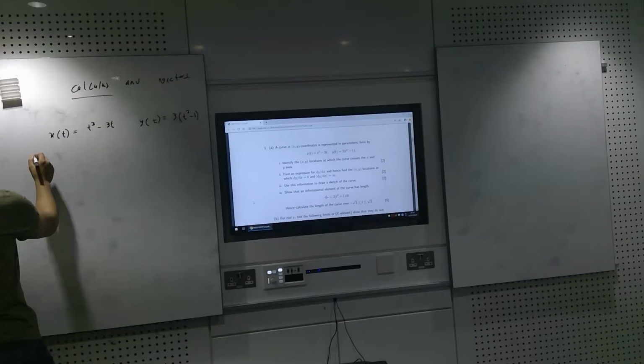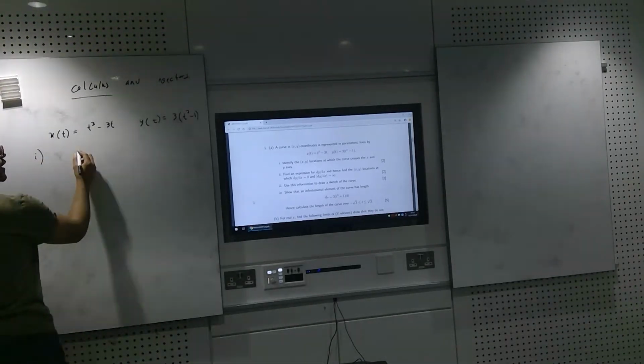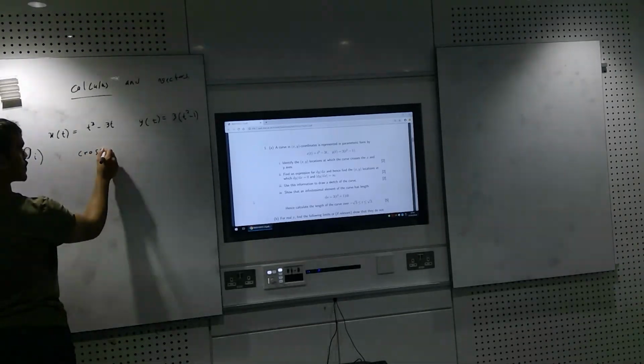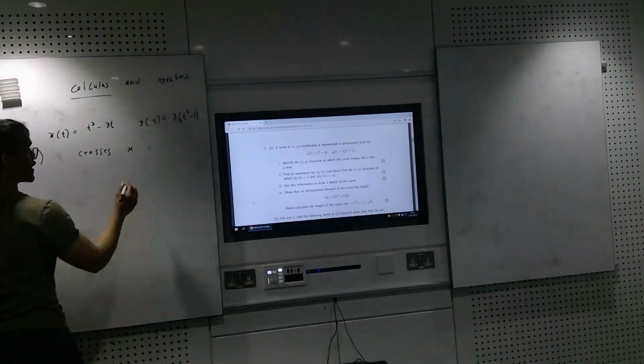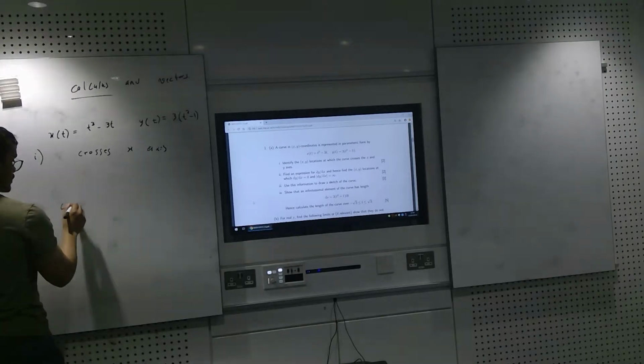Part I: identify the location at which the curve crosses the x axis and crosses the y axis.